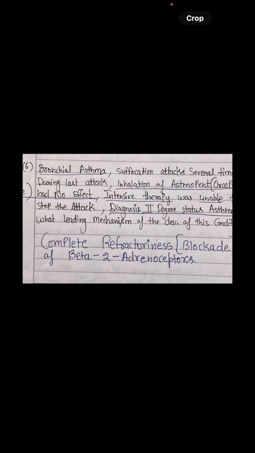What happens in status asthmaticus is that the bronchi which we are trying to dilate through the SABA are completely blocked, so they cannot be dilated anymore. When there is a complete blockade of beta-2 adrenoceptors, the patient will not respond to the standard treatment. This is the pathology behind it.